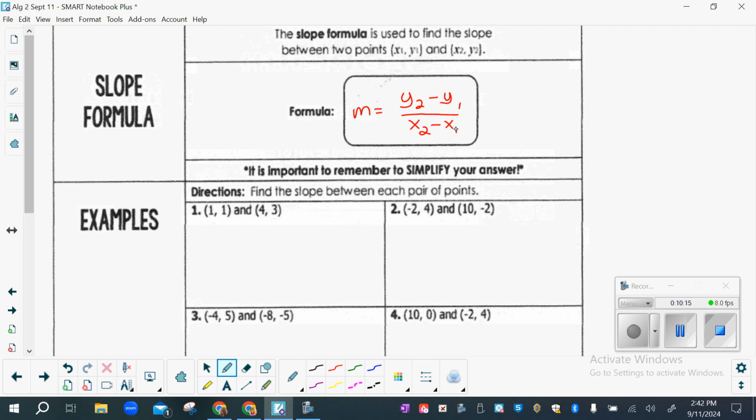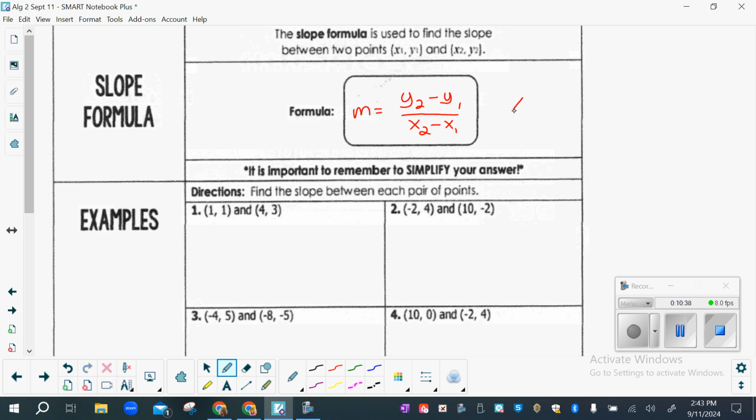Now, do I have to start with y2? Yes. Should I start with y1? I actually can. I can start with y1. If I do, what do I have to do on the bottom? That's right, I have to do the x1 first. So those two need to be from the same point.